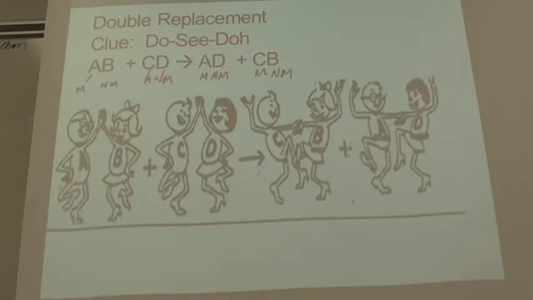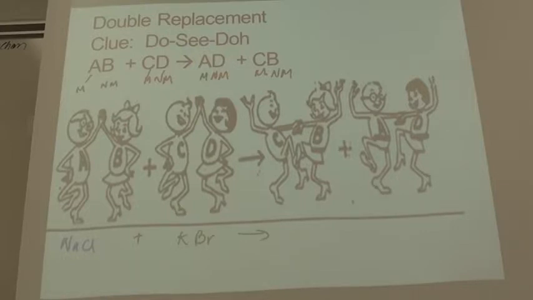Can't we do this with real live chemicals? Yes, we can. All right, let's say that I have sodium chloride here, and potassium bromide here. I need to switch my partners.